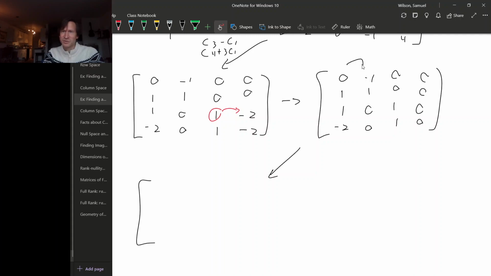So let's just switch these two. So we get -1, 1, 0, 0, 0, 1, 1, -2, 0, 0, 1, 1, 0, 0, 0, 0. All right. And now the non-zero columns are clearly linearly independent because of this stair-step pattern.